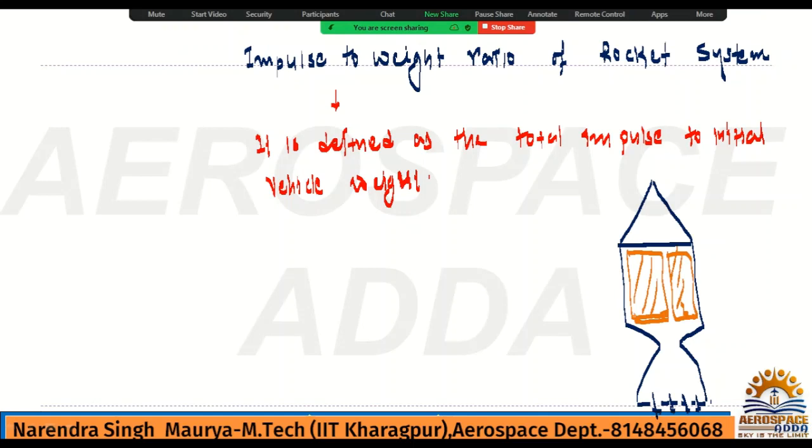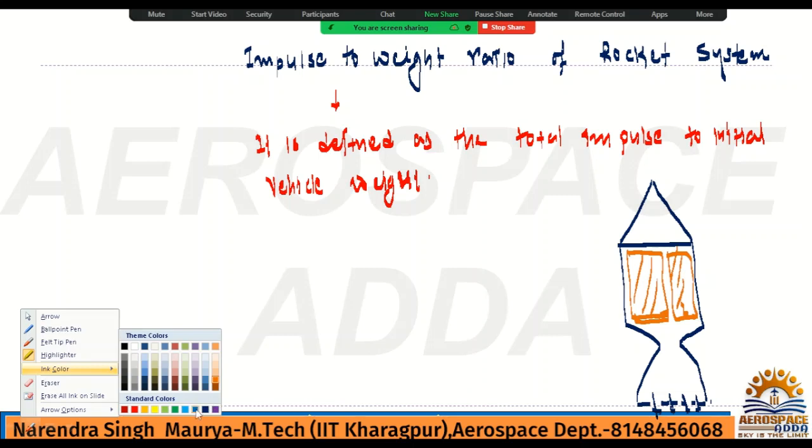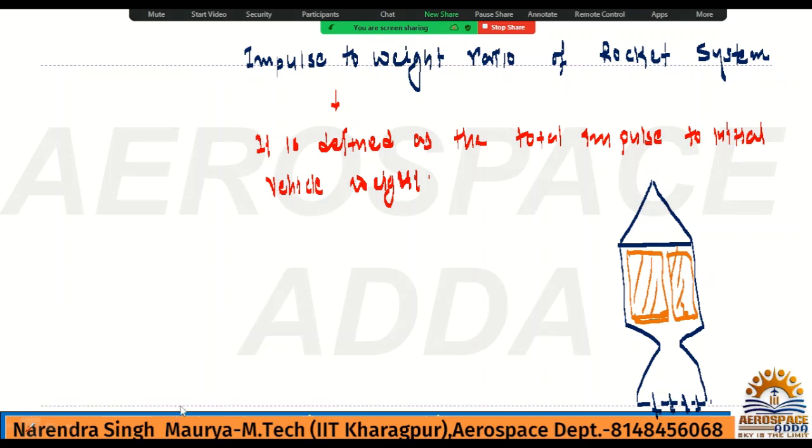All right, now so three things we have. Suppose this is the payload, so mass of payload will be denoted by ml.